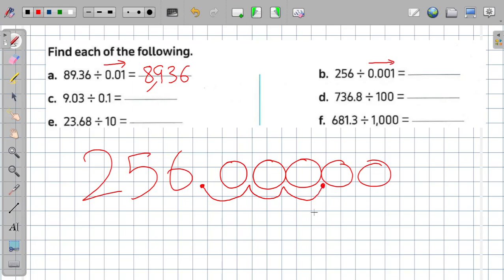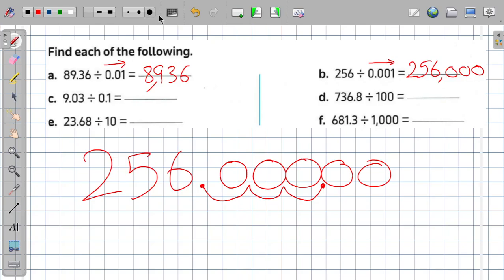So I will stop right here. So the decimal point will be between 2 zeros, and I have 3 zeros next to 6. So the result will be 2, 5, 6, 0, 0, and 0. So the result will be 256,000.